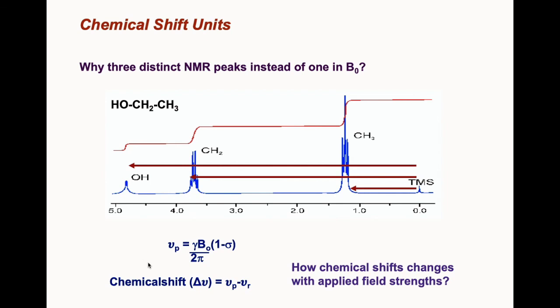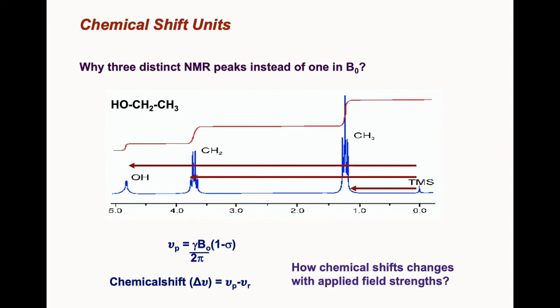Just look at the Larmor frequency equation, which is modified with the shielding constants. As you can see here, nu p stands for the proton resonating frequency, which is directly proportional to the applied field strength, and gamma is constant. Since we have only confined our discussion to the proton, this is constant.